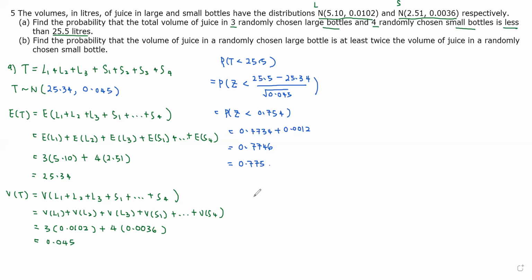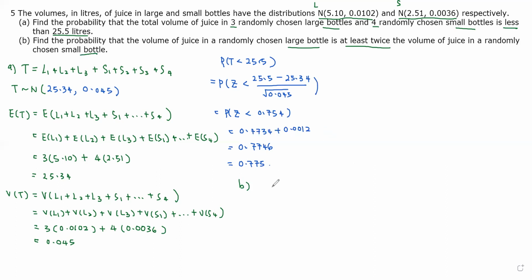Part B, find the probability that the volume of juice in a randomly chosen large bottle is at least twice the volume of juice in a randomly chosen small bottle.